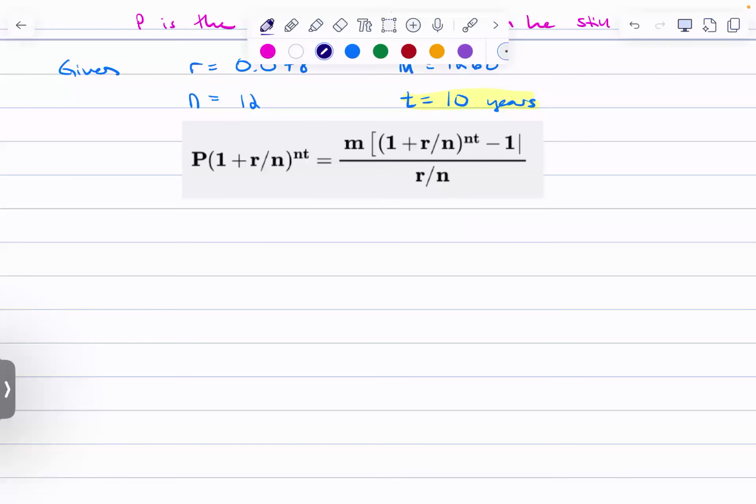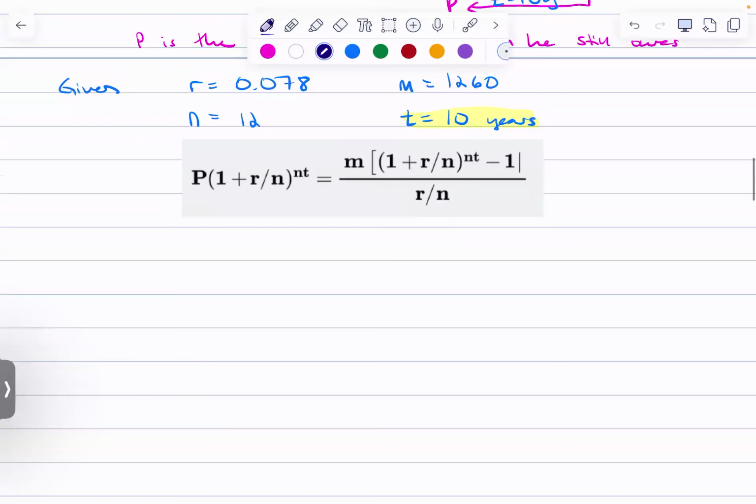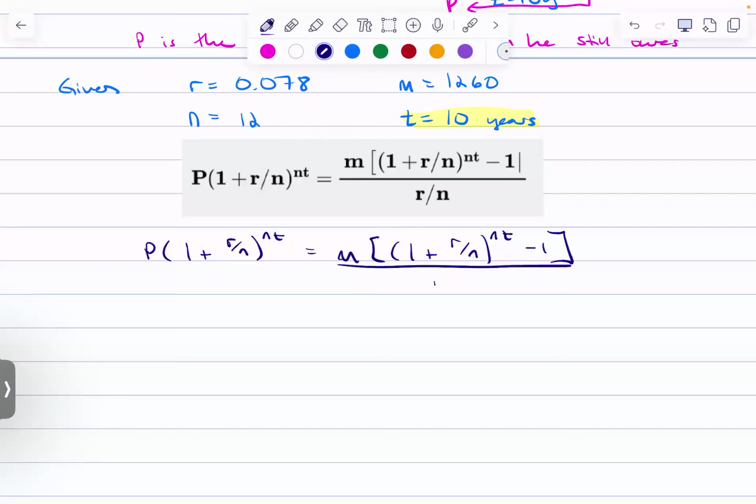P times (1 plus r over n) to the nt is M times ((1 plus r over n) to the nt minus 1) divided by r over n.